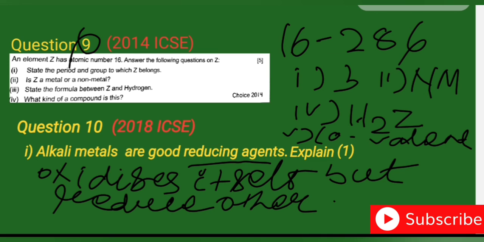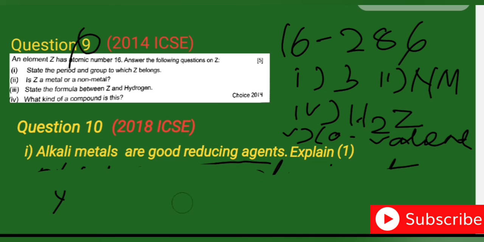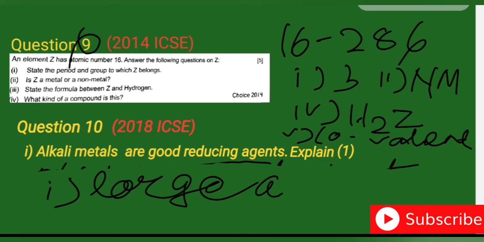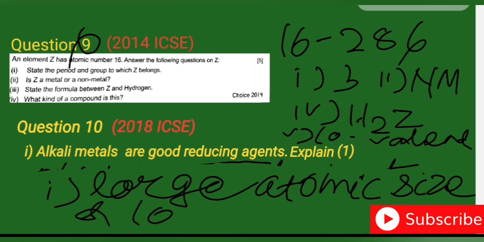Due to their large atomic size and low ionization potential, they can easily lose their electron, so others can easily gain that electron. So what is the answer? What is the keyword? The keyword is: due to large atomic size and low ionization potential.